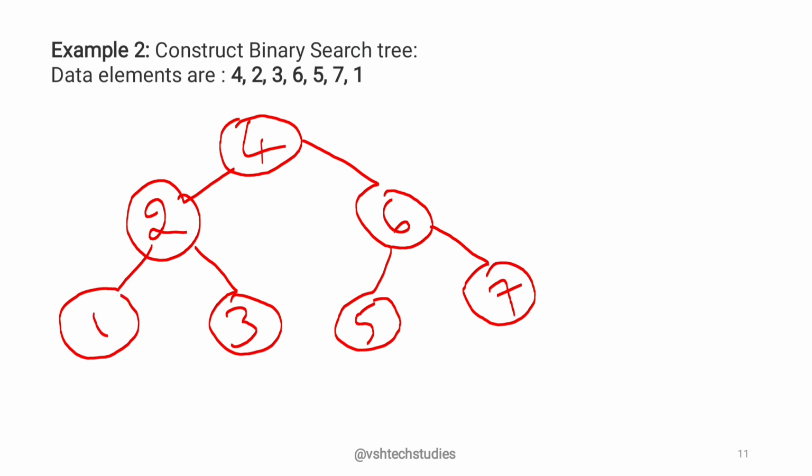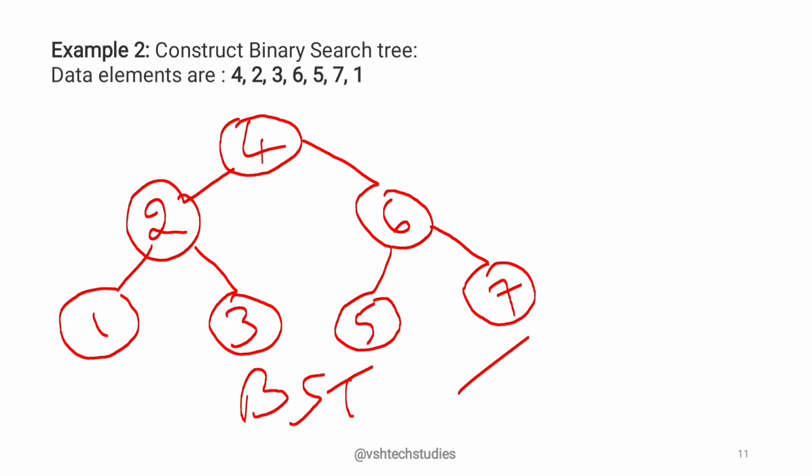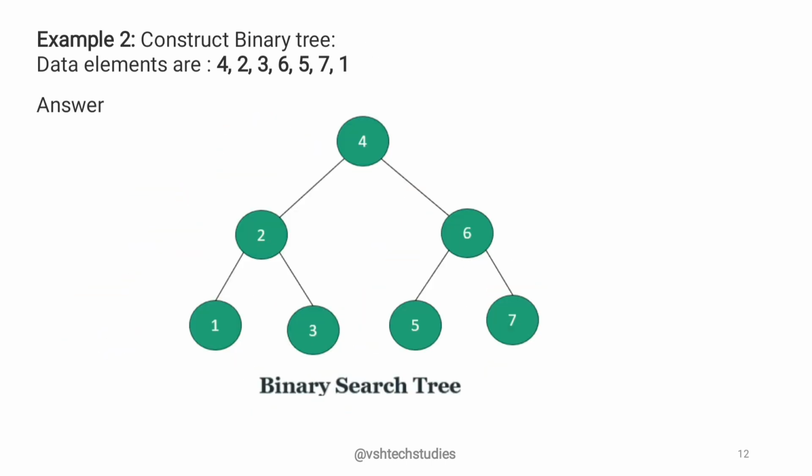Now this is the binary search tree for the given example. If you verify the answer, this is what we have got here. Next, if we take the inorder traversal of this binary search tree, we will get the elements in ascending order.